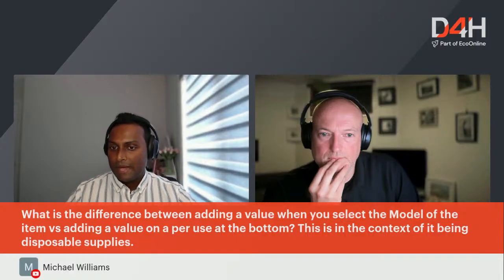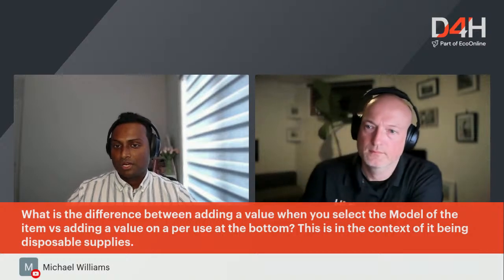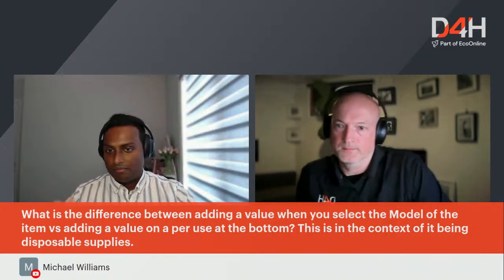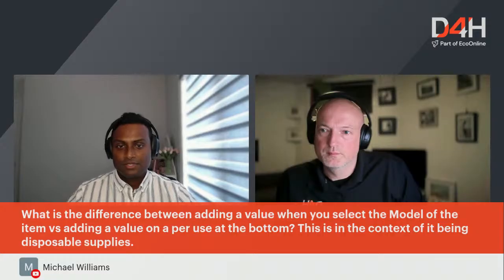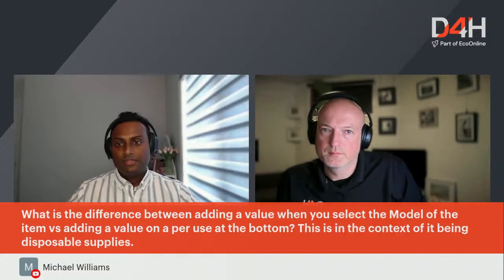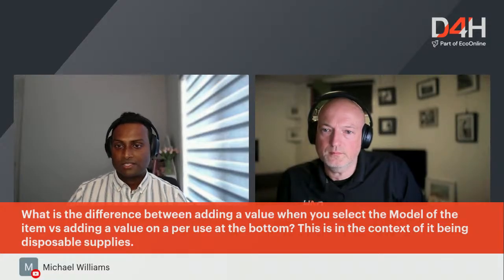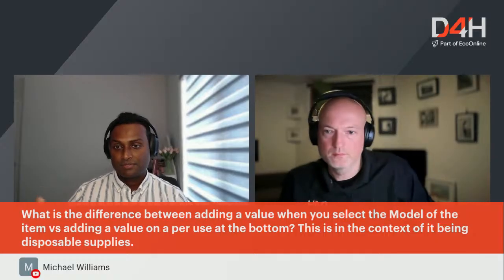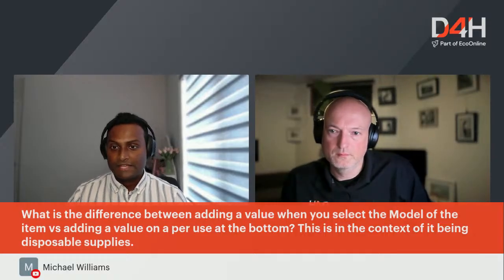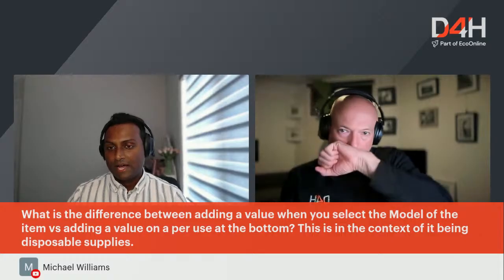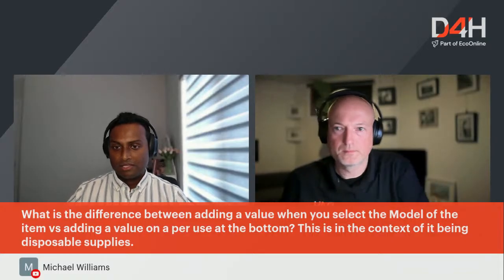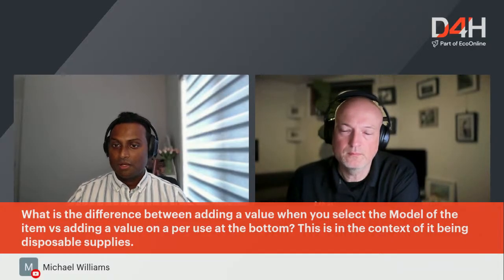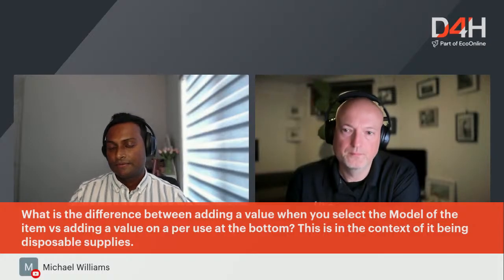Item level is the best if your cost is going to be varying based on the supply, because this could be due to inflation. The distributor or the manufacturer changed the pricing from 1st of July to 31st of July. If that's the case, you're better off defining at the item level. That way you can carry these two exact same products, but with two different pricing points or costing points.